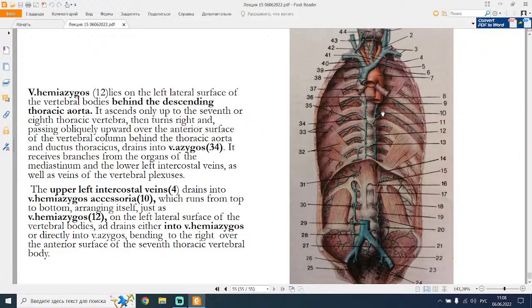This is vena hemiazygos accessoria. On the left lateral surface of the vertebral bodies, it drains either into vena hemiazygos or directly into vena azygos, bending to the right over the anterior surface of the seventh thoracic vertebral body.